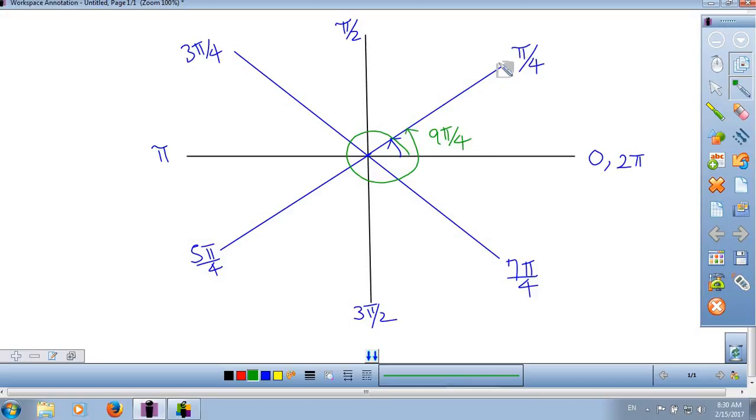It ends at the same terminal side, but because of the revolution it made, it actually went through 9 pi over 4 radians, which is a little bit more than one revolution. That's why they're coterminal angles. So that's one thing that we can understand, coterminal angles. Okay, so this is the basic, pi over 4s.